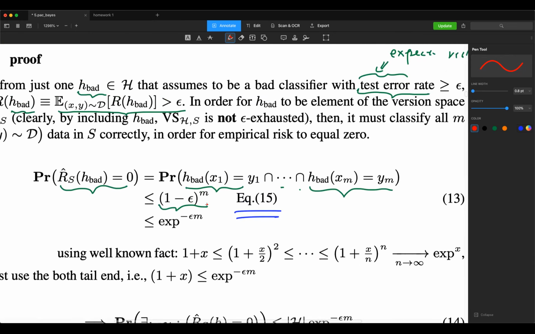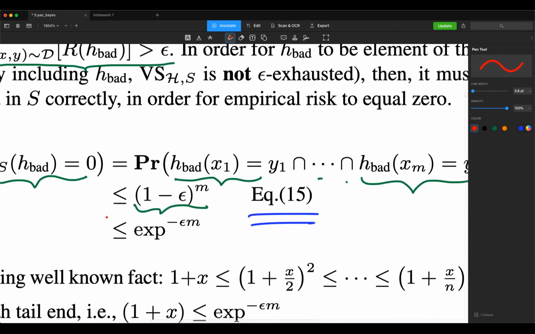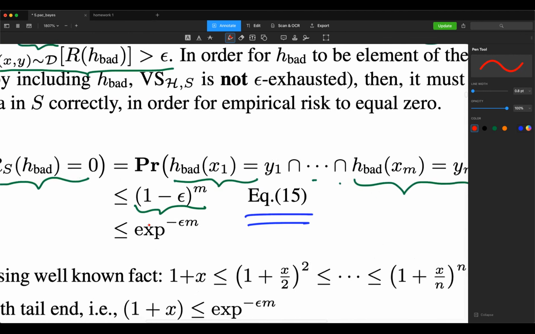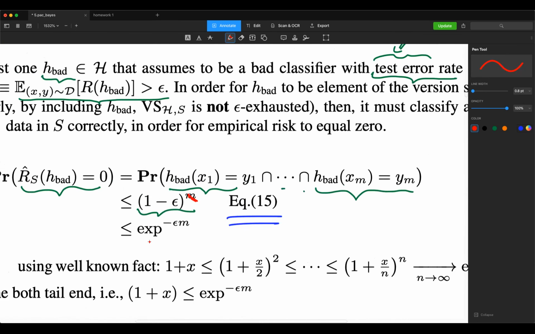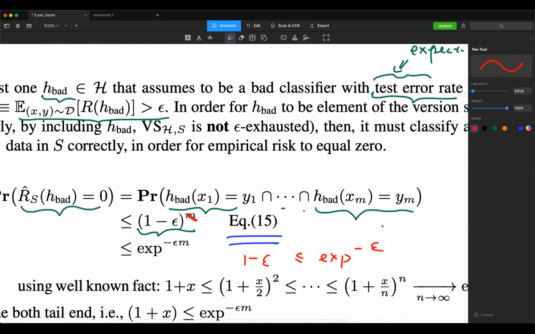And why is this less than that? In fact, we can just drop m and look at that. 1 minus epsilon is going to be less than exp of minus epsilon. That's something that's kind of given.